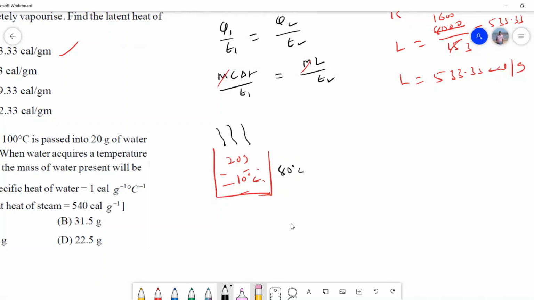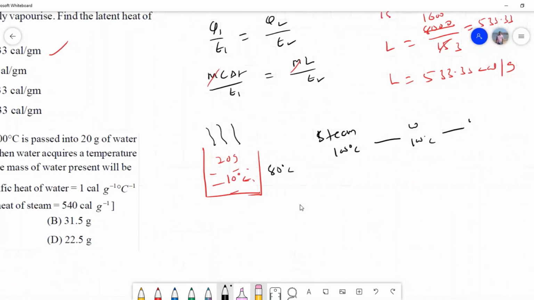So here heat lost by steam is equal to heat gained by water. So we can say that first steam at 100 degrees centigrade becomes water at 100, and this water, as the resultant temperature is 80, becomes water at 80.